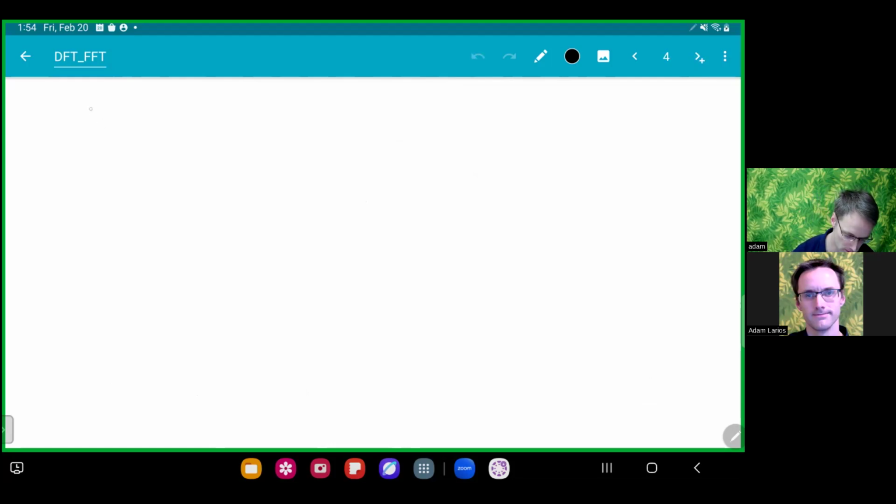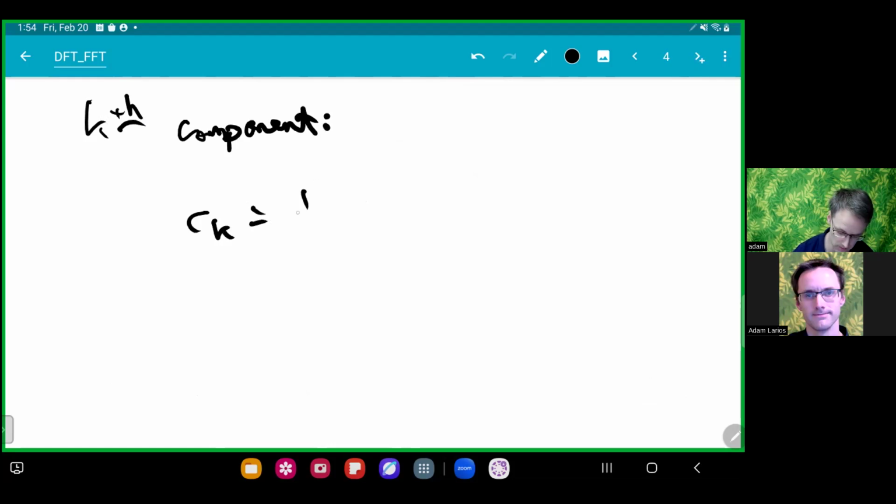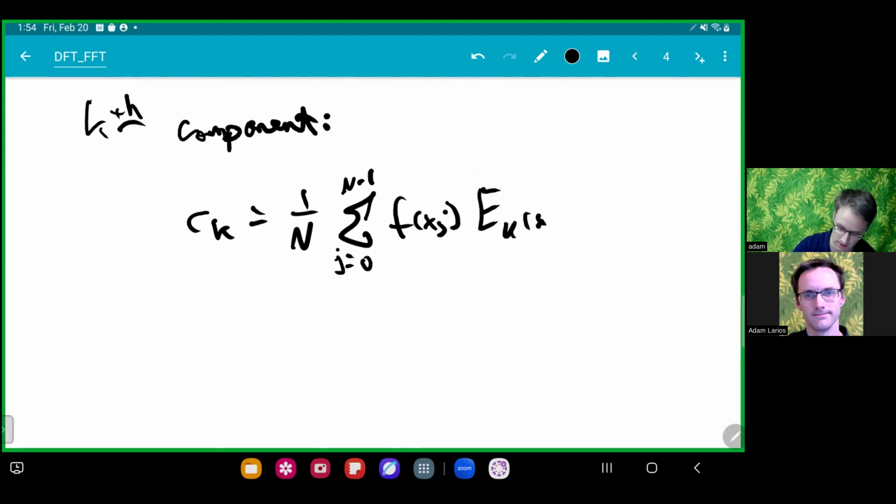So let's look at the kth component, that is c_k, from this map. This is just 1 over n times the summation, j goes from 0 up to n minus 1, of f(x_j) times e_k(x_j) conjugate. But this can be written as just the discrete inner product of f with e_k.